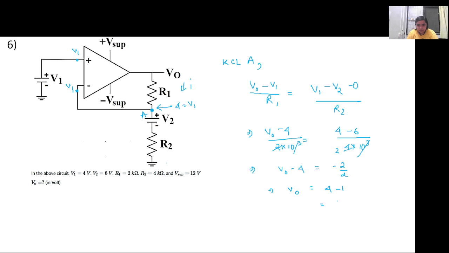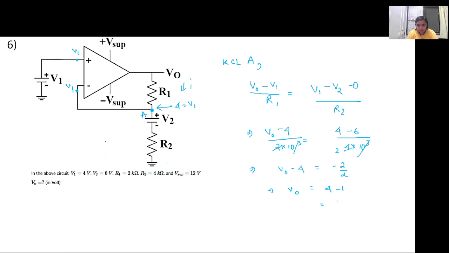Is it 8 volts, ma'am? Sorry? V naught is equal to 8. Right. So it is V naught minus V2 minus 0 by R, and this will be equal to 0, right? So V naught will be equal to V2.